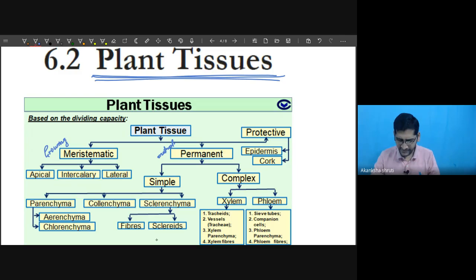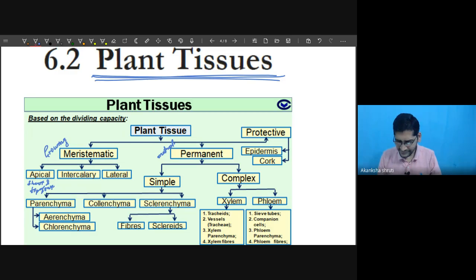Meristematic tissues are growing and undergo frequent cell division. These are of three types: apical, intercalary, and lateral. Apical is present at the shoot tip and root tip.